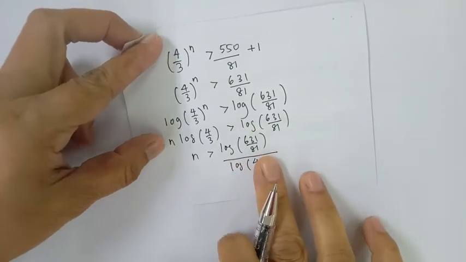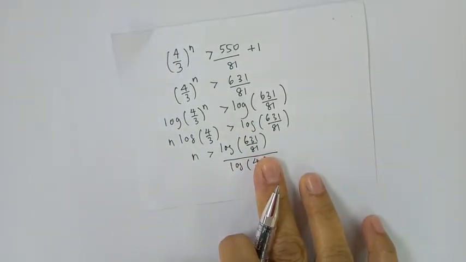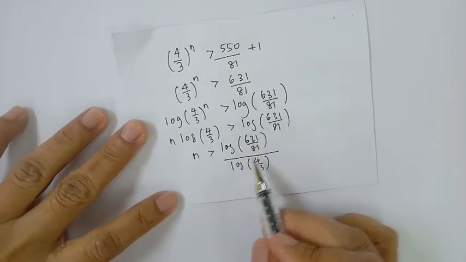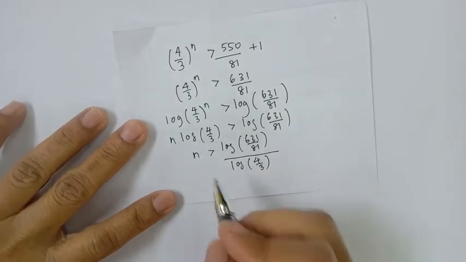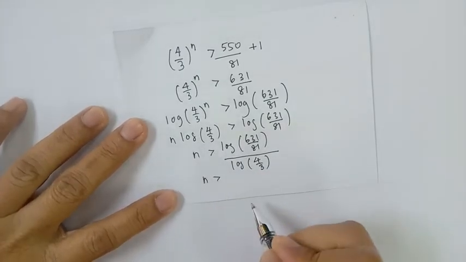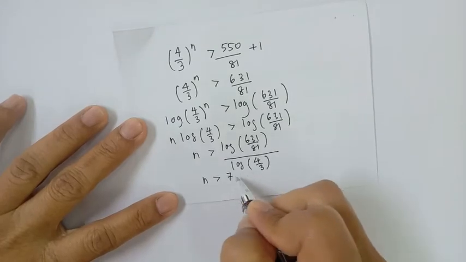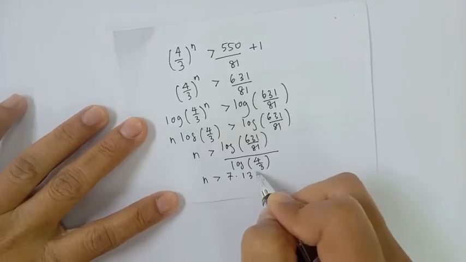Then by using a calculator, log 631/81 over log 4/3, we get n more than 7.136.